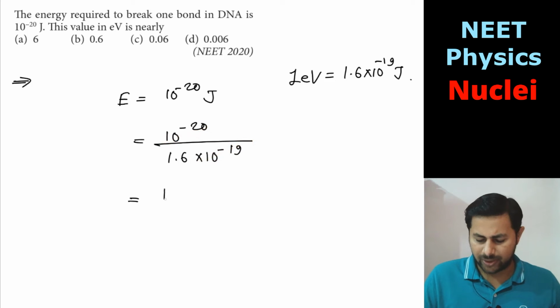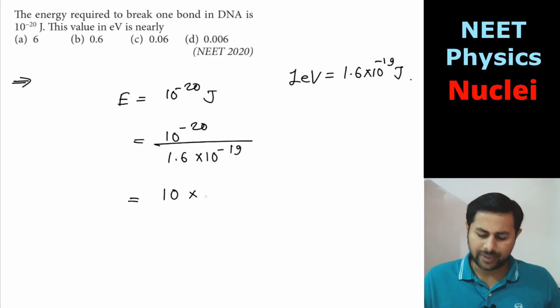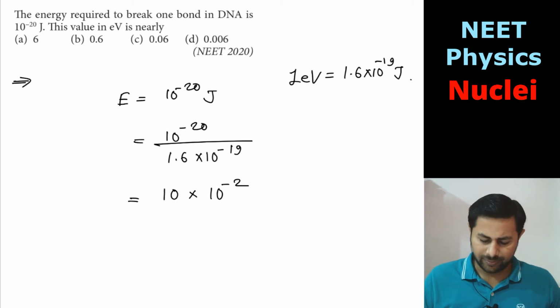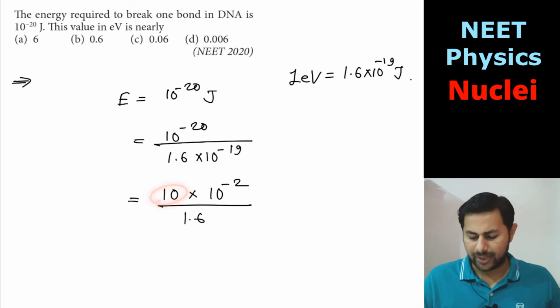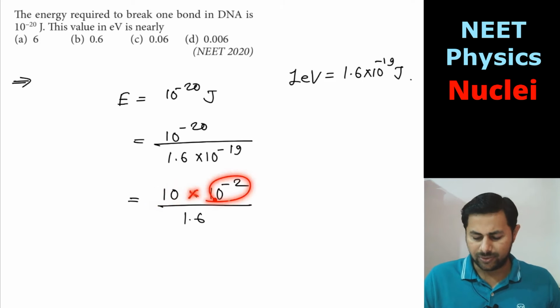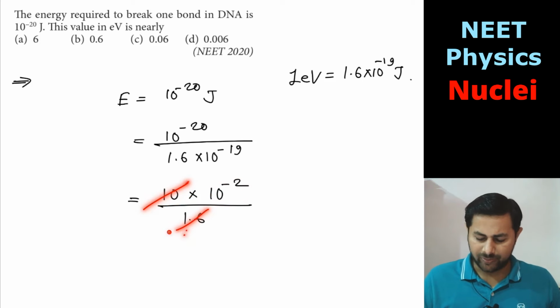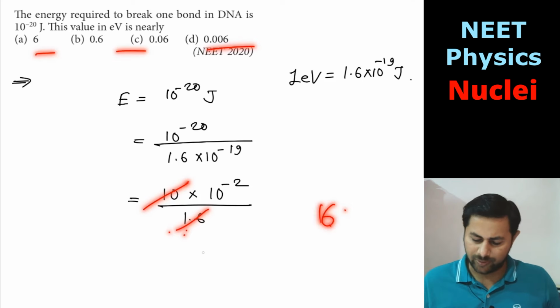So this is 10 raised to minus 1, so 0.1, or you can say 10 into 10 raised to minus 2 divided by 1.6. So this thing will give me 6, or 96. There is 6 in all of the options.